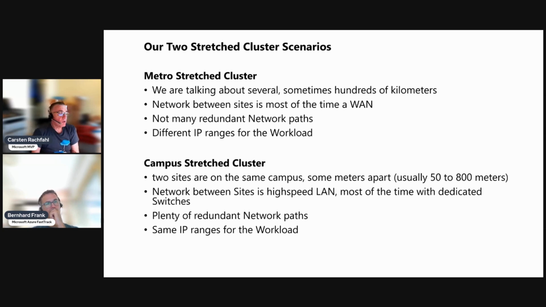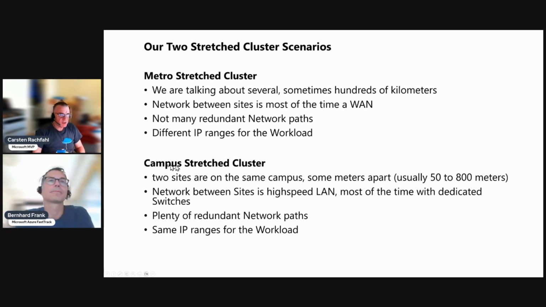And of course, our workload has the same IP address on both sides. So if it's running on one side or the other side, it doesn't matter. It's the same routers, the same DHCP service, the same DNS service, whatever you have, the same AD controllers, and so on. So this is a very large scenario, and this is the narrow scenario.